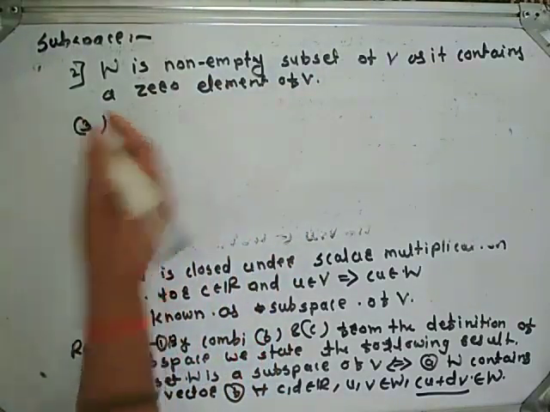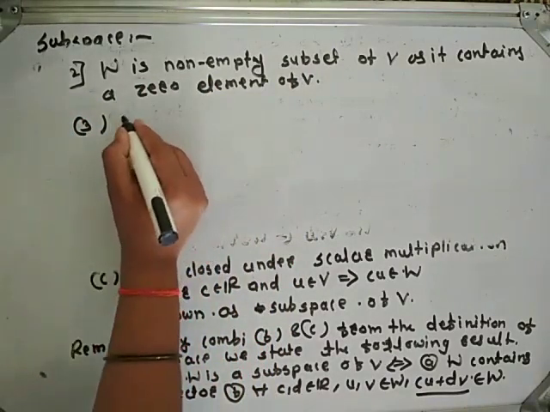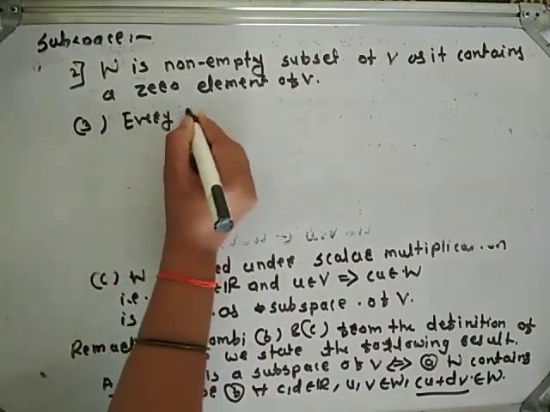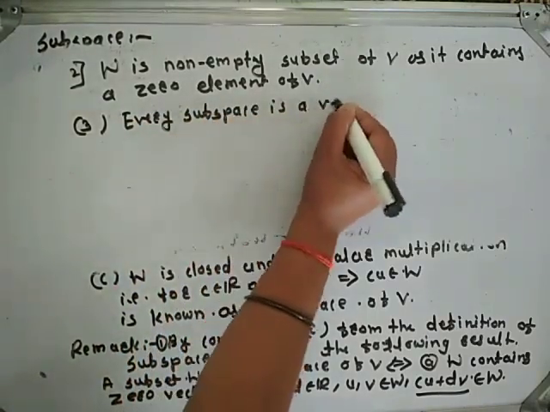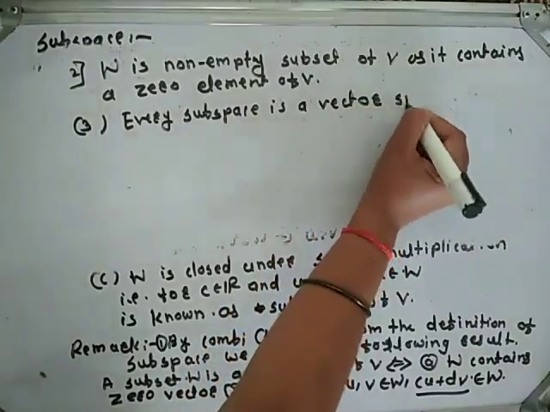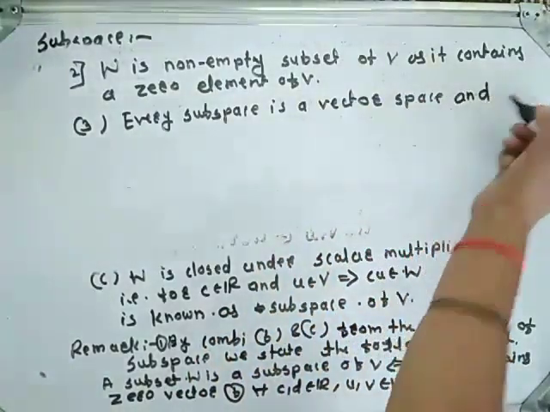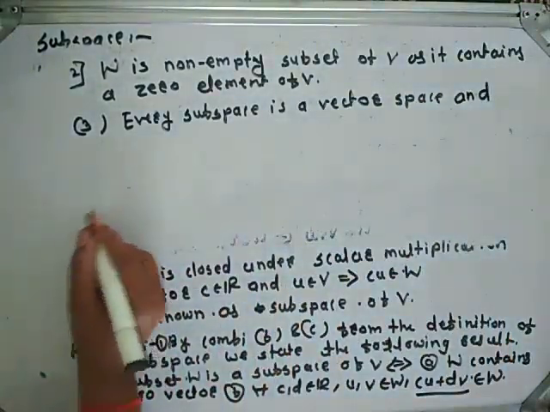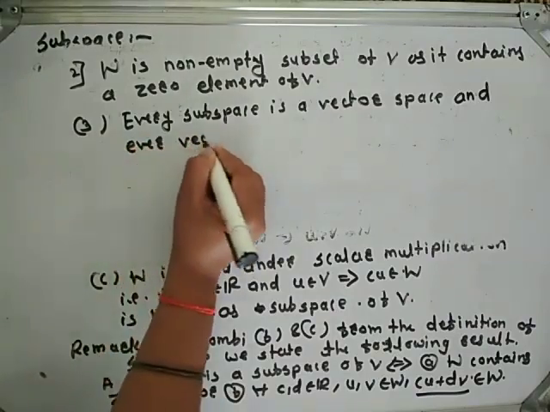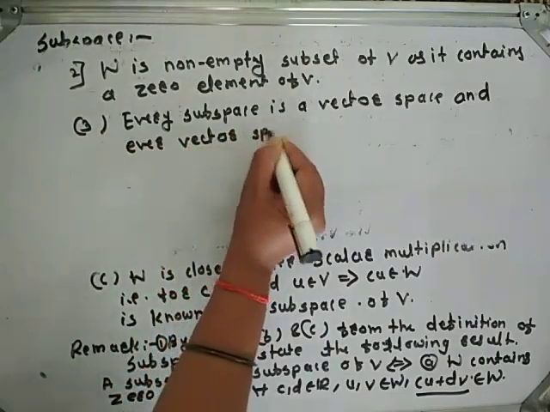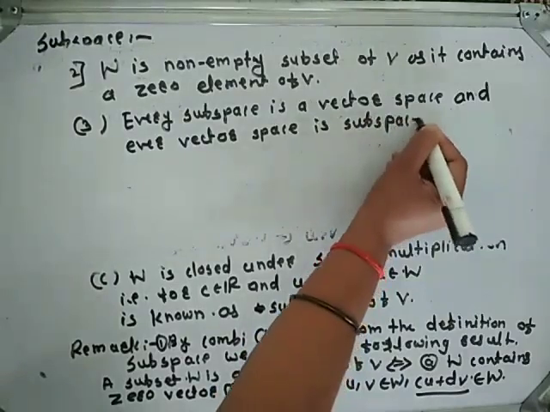Third, every subspace is a vector space, and every vector space is a subspace of itself.